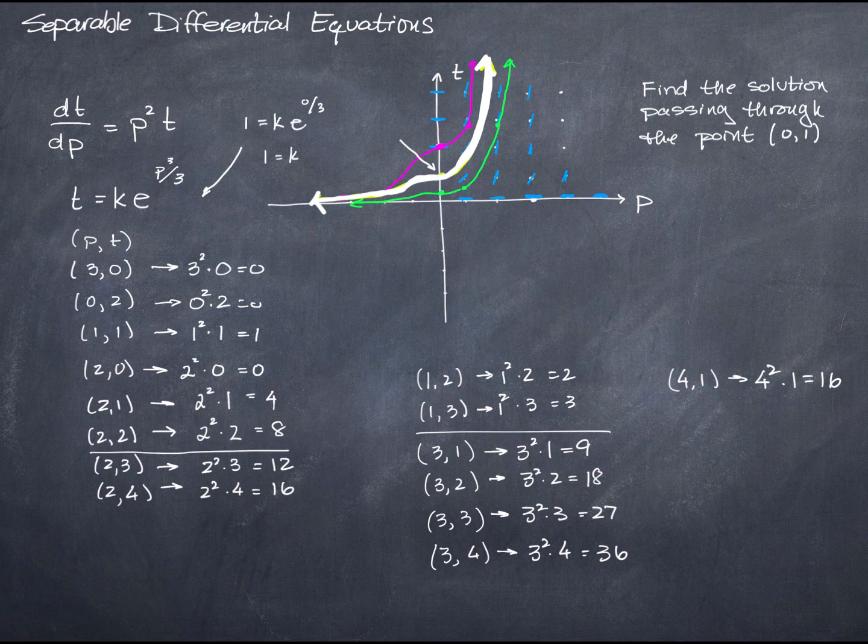And that tells me that t equals e to the p cubed over 3 is the solution, the particular solution that occurs at this point, the point 0, 1. So this large white graph is the particular solution that represents this algebraic version of the particular solution. So I might ask you to represent that particular solution as a graph or as an equation.